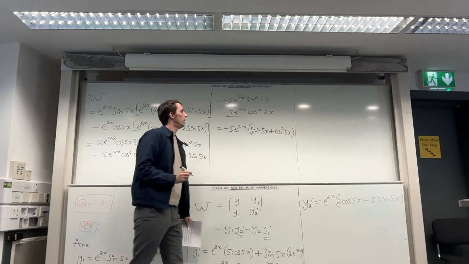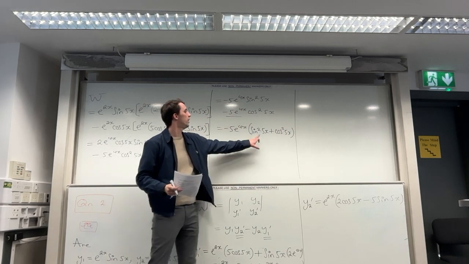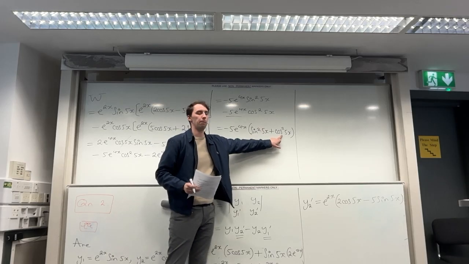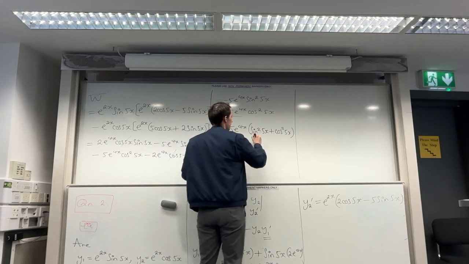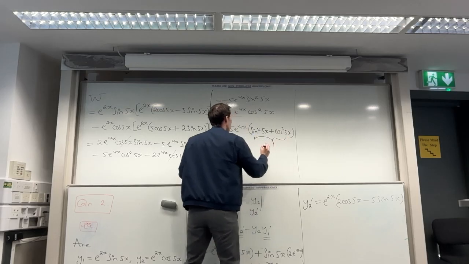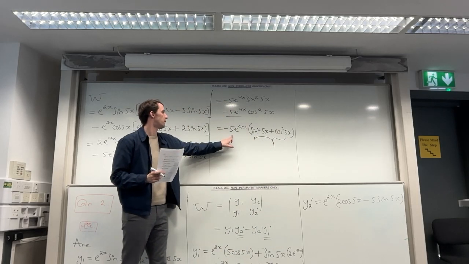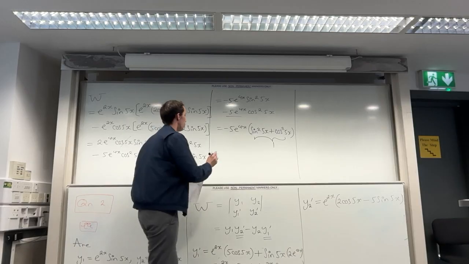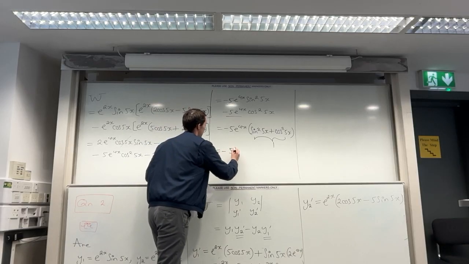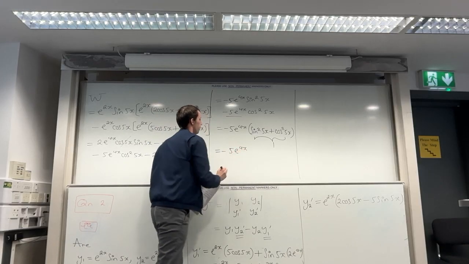Recall from trigonometry, sine squared of 5x plus cosine squared of 5x has to be equal to 1. And of course, minus 5e to the 4x times 1 is minus 5e to the 4x.